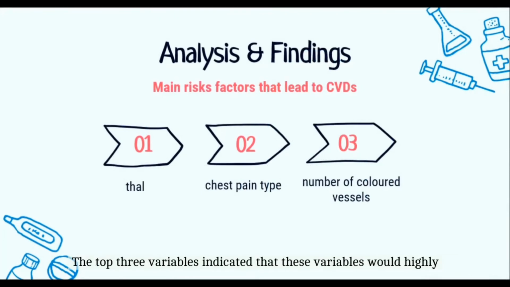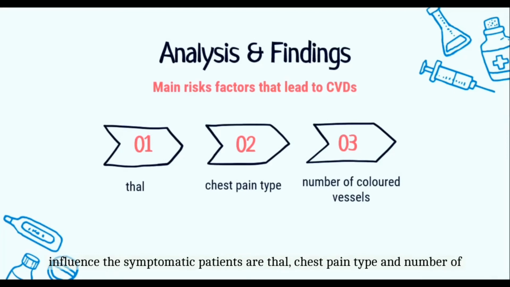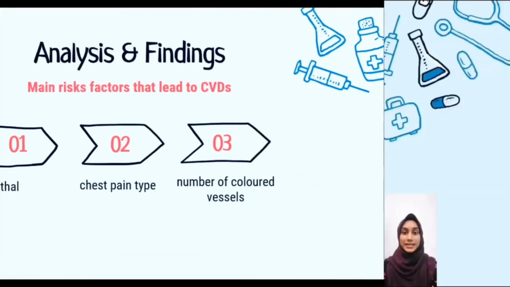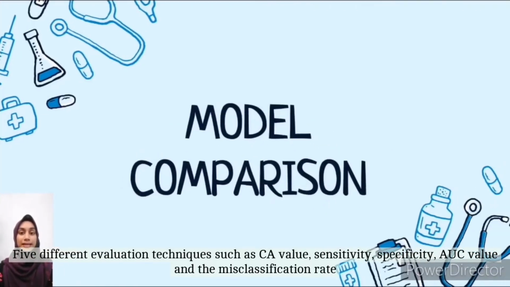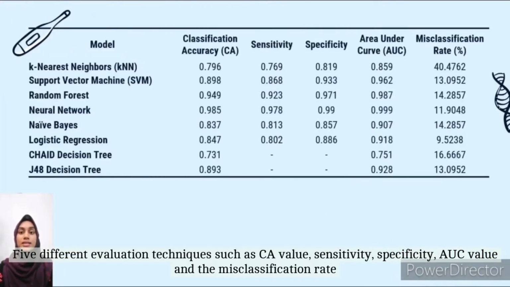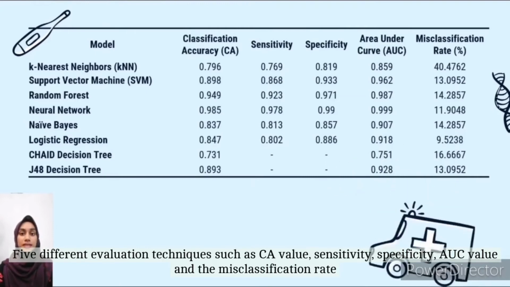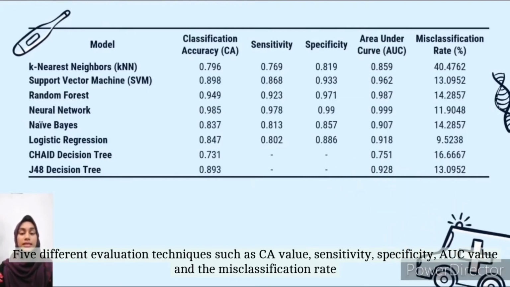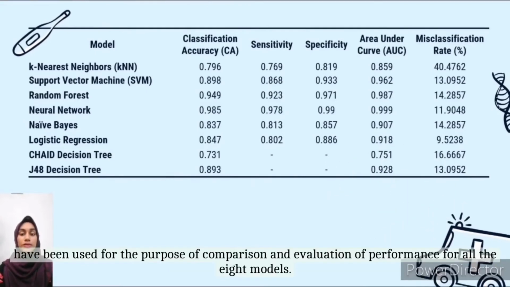The top 3 variables that will highly influence the symptomatic patient are tau, chest pain type, and number of colored vessels. 5 different evaluation techniques, such as CA value, sensitivity, specificity, AUC value, and the misclassification rate, have been used for comparison and evaluation of performance for all the 8 models.